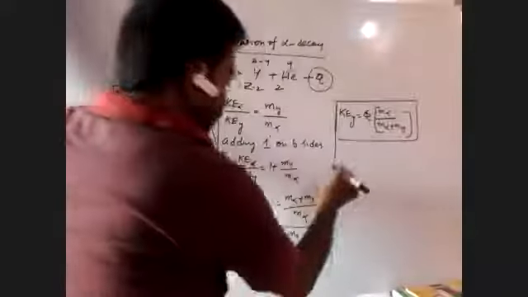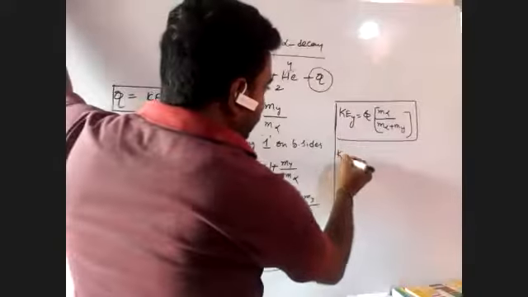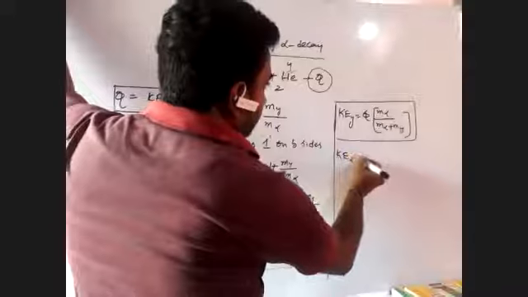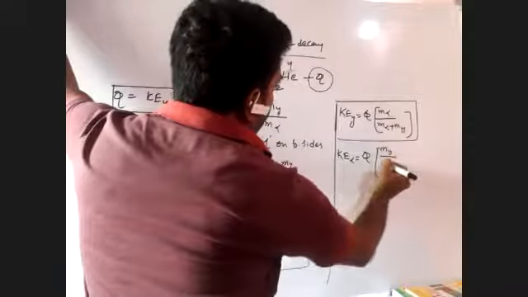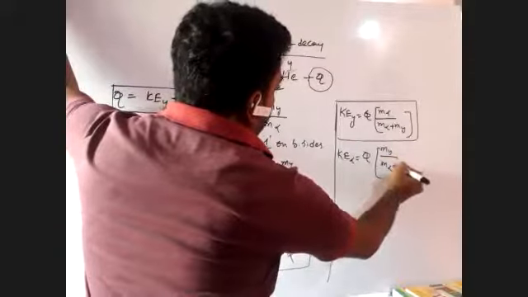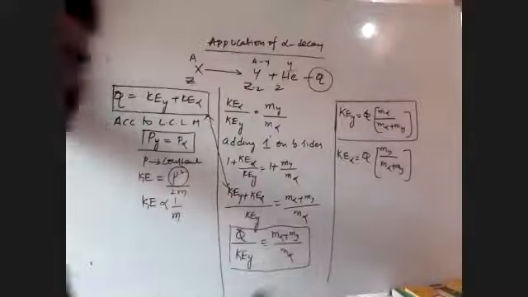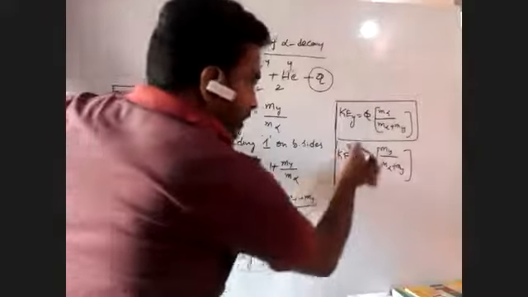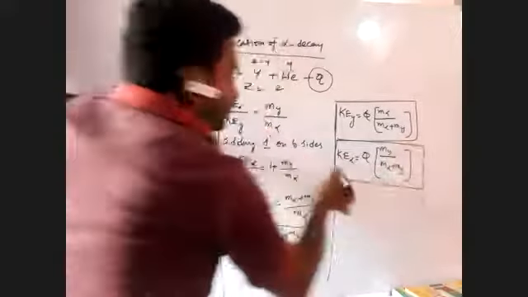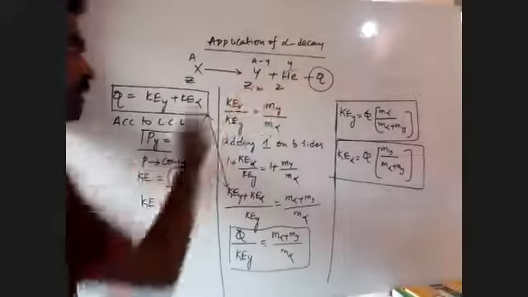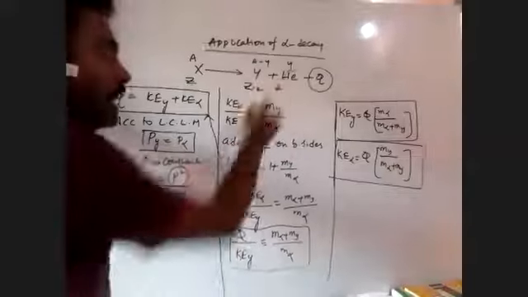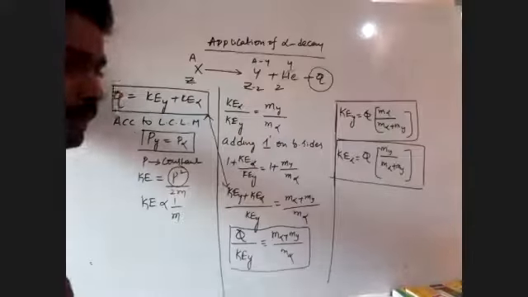Otherwise, if you want only the kinetic energy of the alpha particle, it is Q into M Y by M alpha plus M Y. So these are the two formulas useful for us to determine the kinetic energies of the daughter element or of the alpha particle.